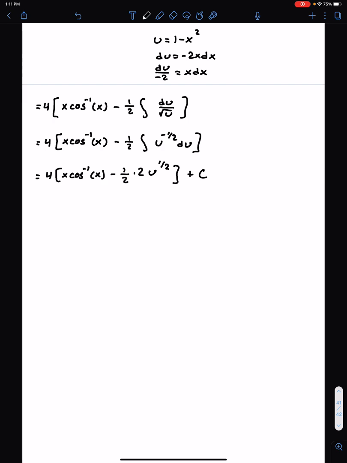If I replace u with the square root of 1 minus x squared, and distribute the 4, I get 4x arc cosine of x minus 4 times the square root of 1 minus x squared plus c.